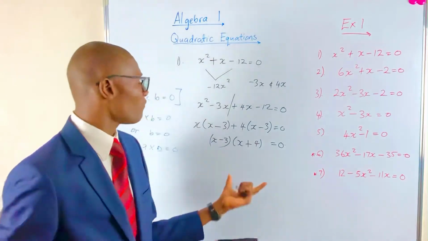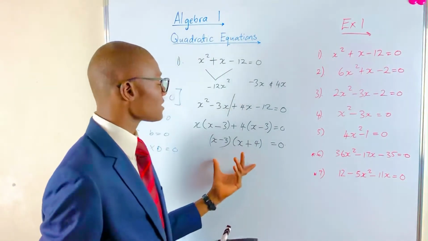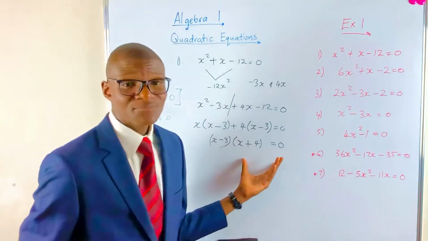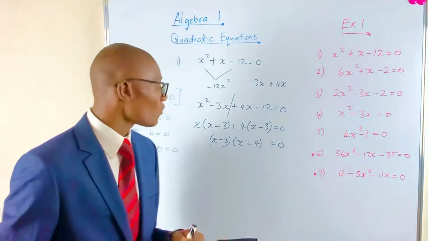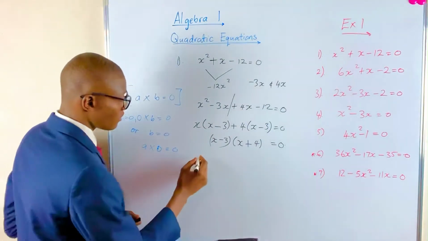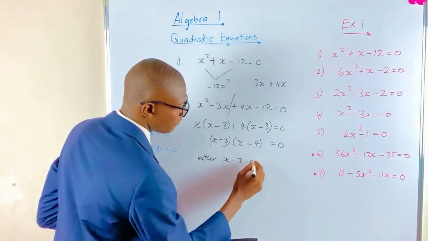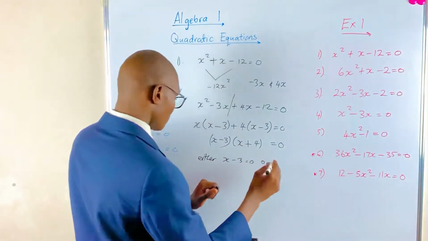So same with this situation here. For this equation to give us 0, what must happen is that either x minus 3 should be equal to 0, or x plus 4 is equal to 0.